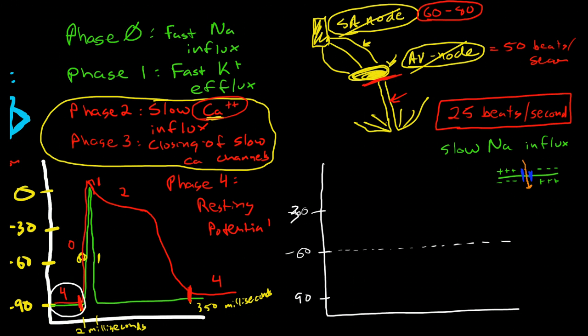So instead of having a flat resting membrane potential, what we end up with is a sloping resting membrane potential. As sodium leaks into the cell, it slowly moves up from negative 90 to negative 60 millivolts. And when it gets to negative 60, it quickly opens up the voltage-gated sodium channels, and you end up with an action potential.